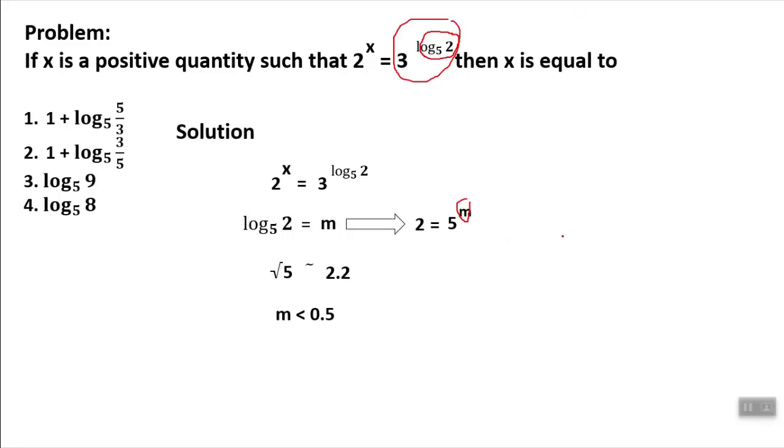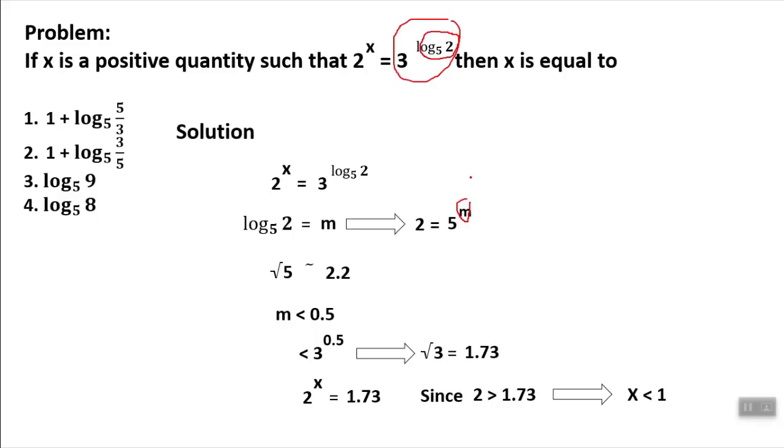If that is so, then 3 to the power 0.5, nothing but square root 3, is 1.73. So now we have a handle on the right hand side. The right hand side is slightly less than 1.73. 2 to the power x is slightly less than 1.73. Obviously it means that x is less than 1.